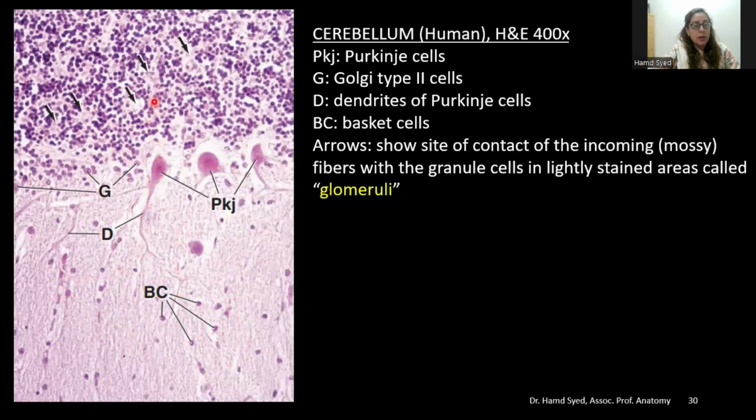Now, in the deeper aspect of the gray matter of the cerebellar cortex, this here is the spotty blue appearance that I mentioned of the granule cell layer, because of the densely packed small-sized neurons, which are the granule cells. But there are certain areas where the arrows are pointing towards areas where we do not see the granule cells. These empty, lightly stained areas contain the glomeruli, the structures which I just explained to you, which were the specialized synaptic structures.